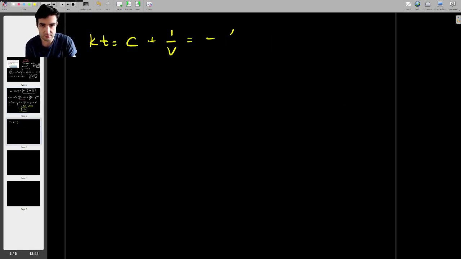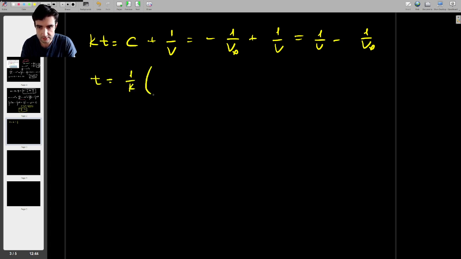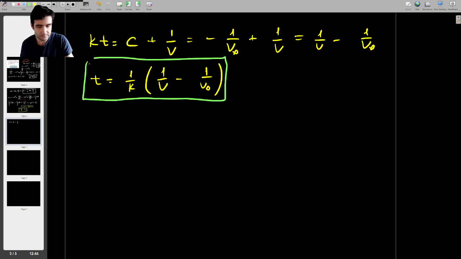So this is minus 1 over v0 plus 1 over v, which is, well, let's leave it like this for now, or just put the positive term first, like that. So t is 1 over k, and then 1 over v minus 1 over v0, and we can probably leave it like this, or we can bring it to the same common denominator, but in this case I'll just keep it as it is.